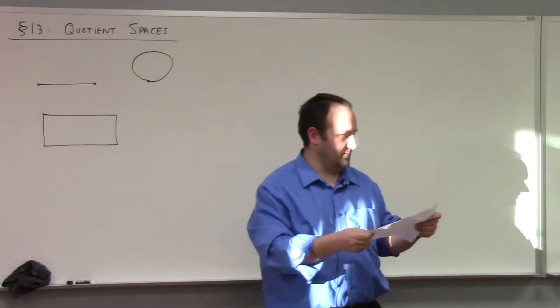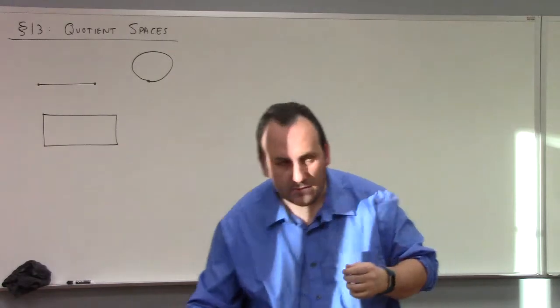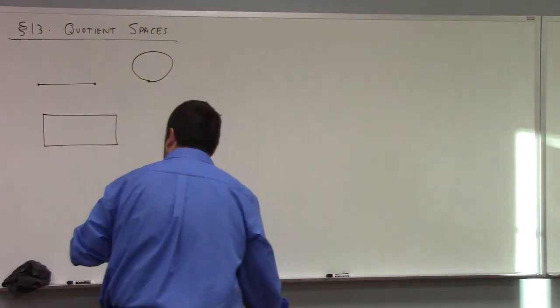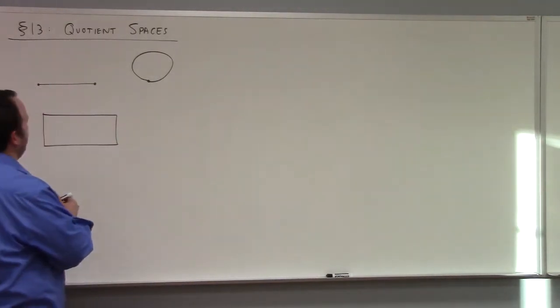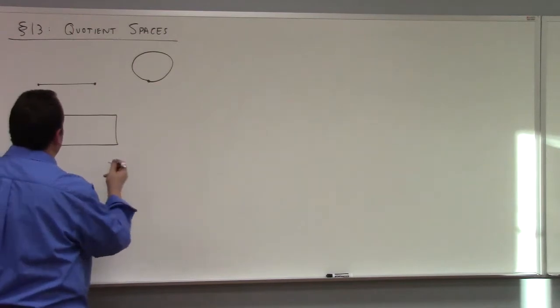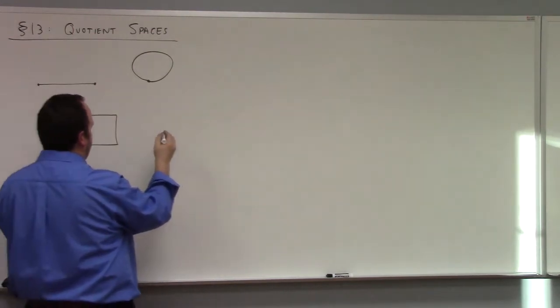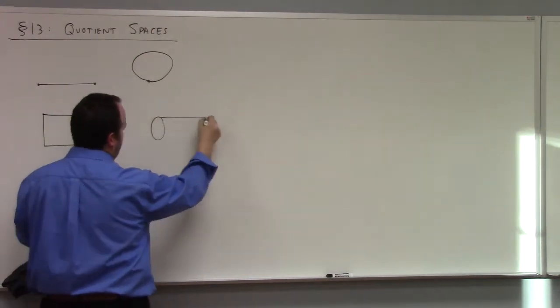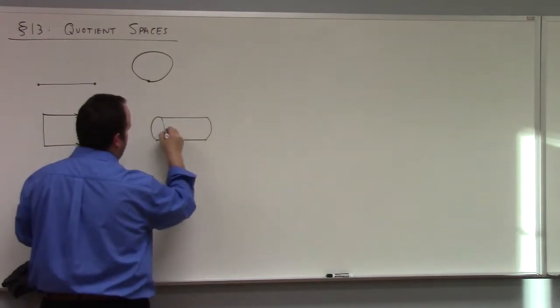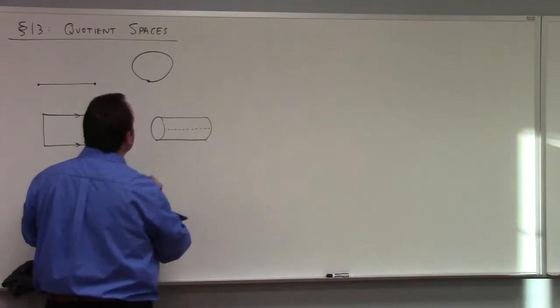So how do you formalize these ideas? Basically, let's say we're identifying this side with that side. That would give us something like this, and here's the place where we glued it.